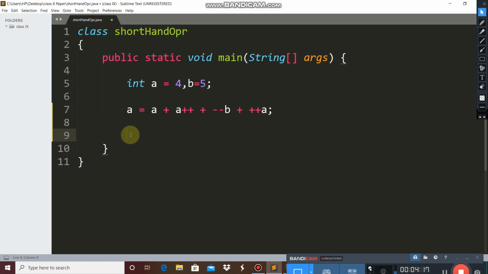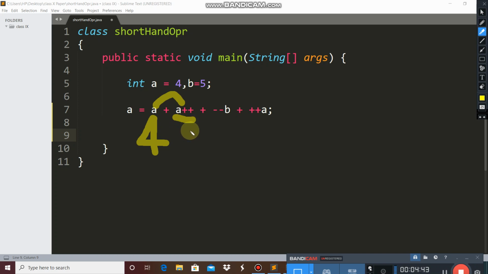What is the initial value of a? The initial value of a at this point is 4, and when control reaches here it is 4 only. Children, this is post increment, which is first used and then incremented.